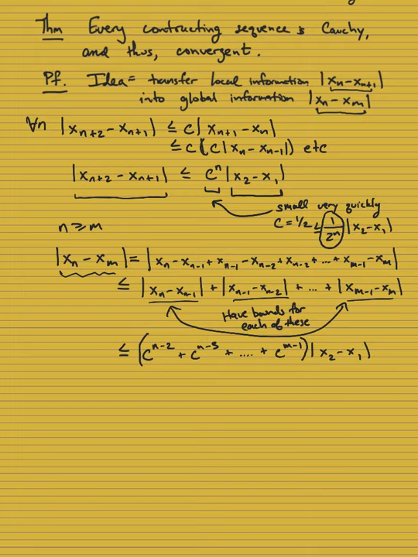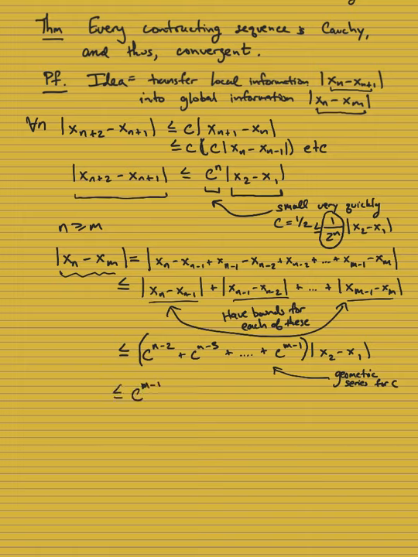Okay, this is just because every single term I can compare to x2 minus x1. And so I get something which looks very much like a geometric series for c. Okay, so in particular, this is less than or equal to c.